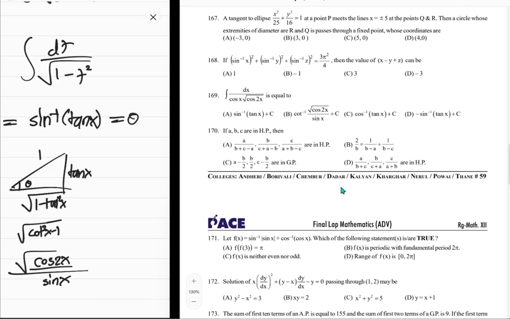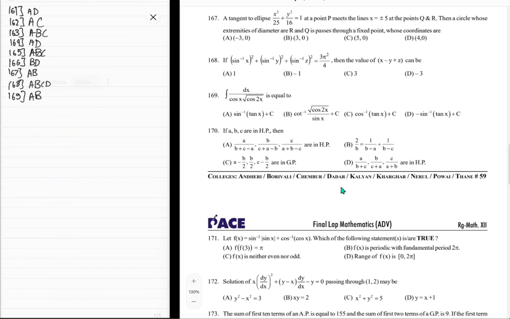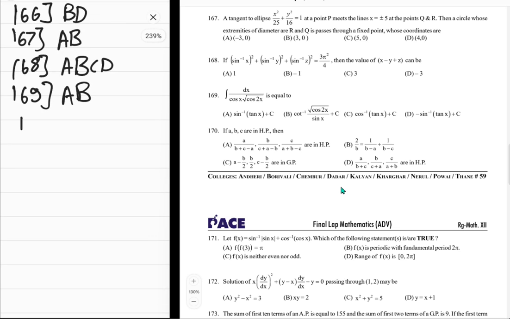Next, if A, B, C are in HP, then okay, these are in HP. Okay, this is the worst thing. So you know that 1 upon A, 1 upon B, 1 upon C are in AP, right?